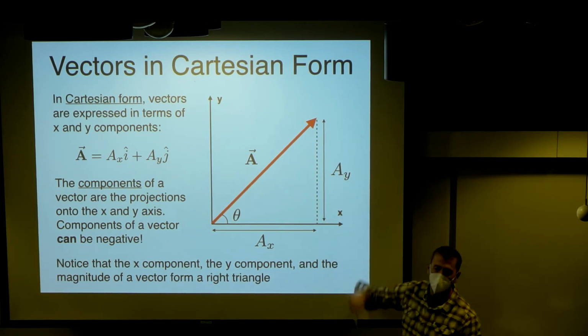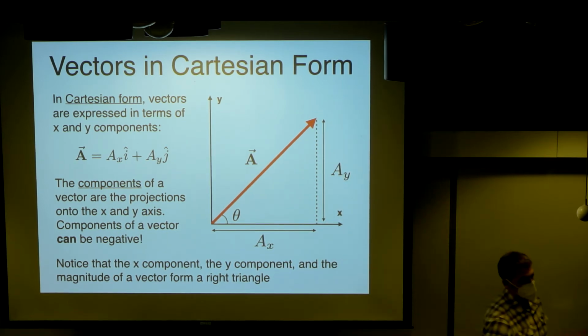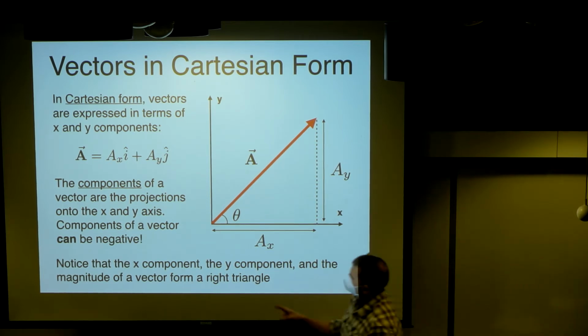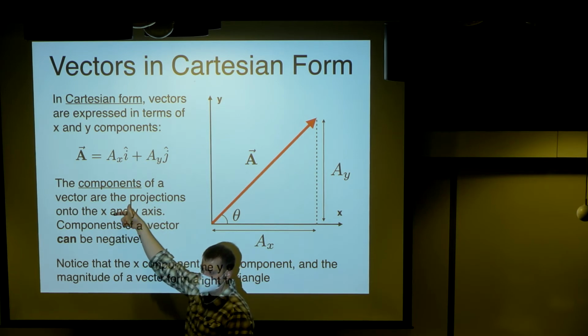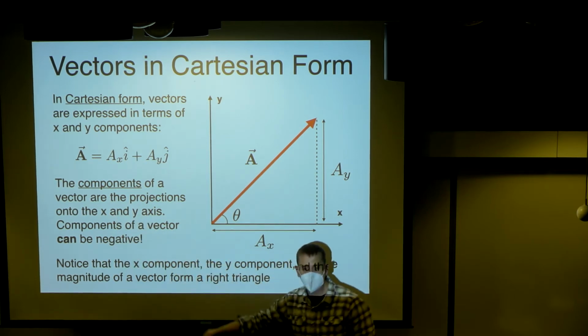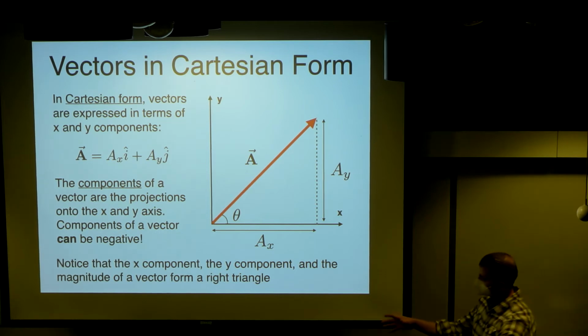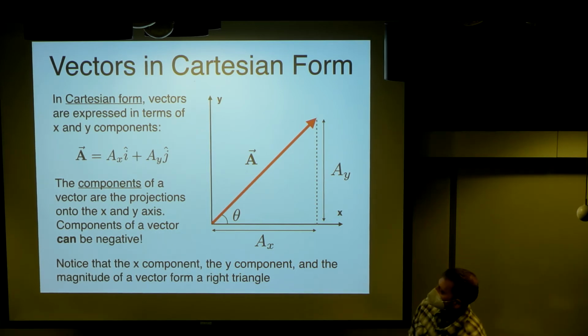And these numbers can really take on any value you want. They can be negative even, because you can have a vector that's pointing along the negative x direction or along the negative y direction. So the magnitude, we said, can't be negative because it's just the length of the vector. But these components can be negative, okay?